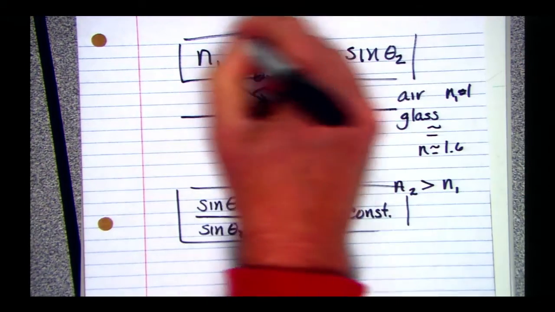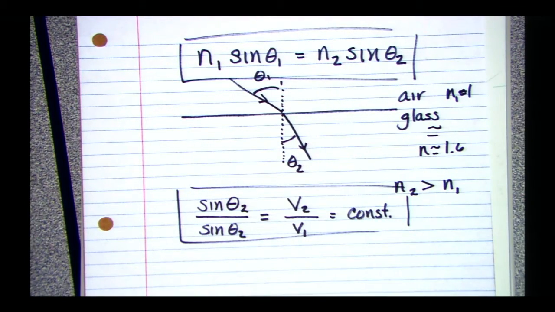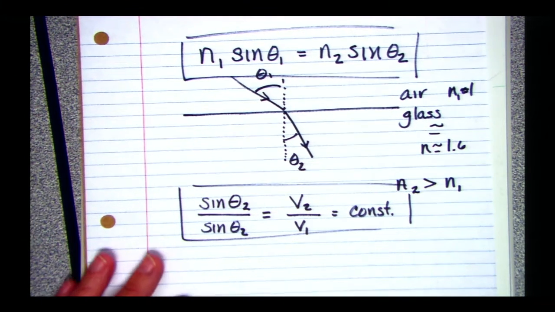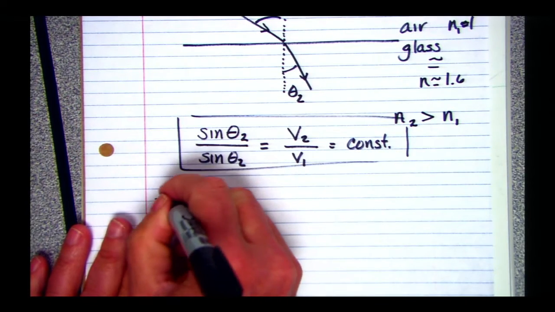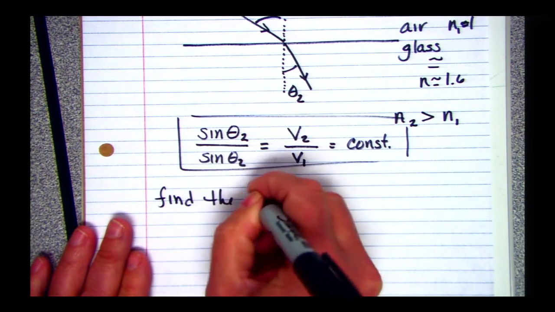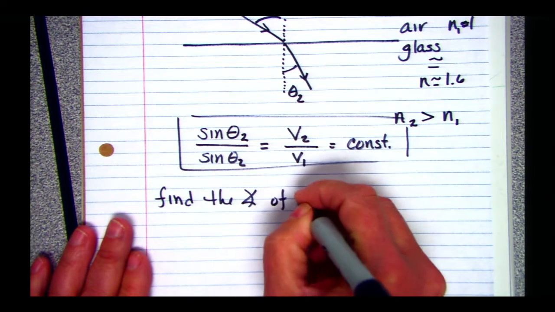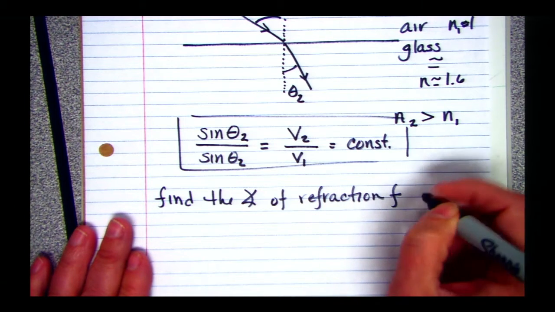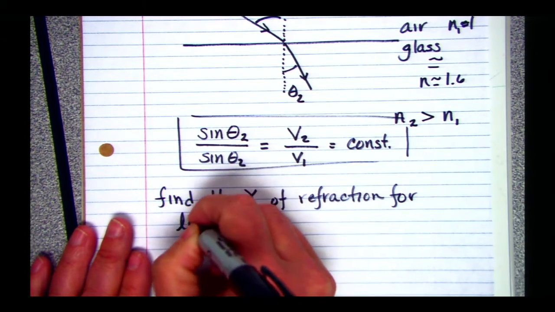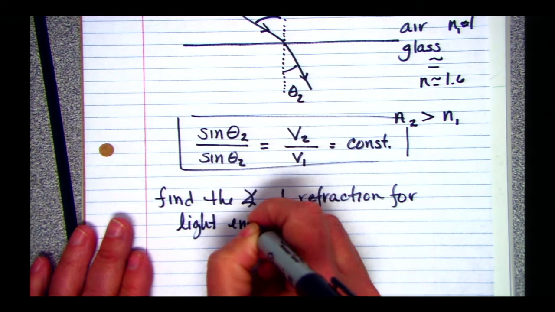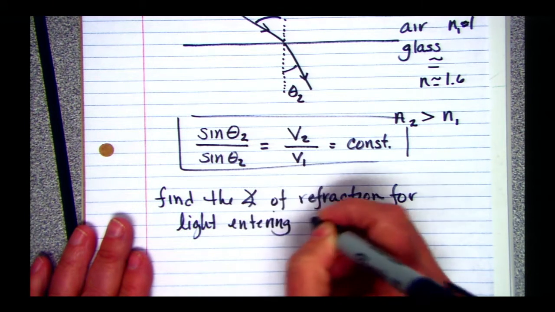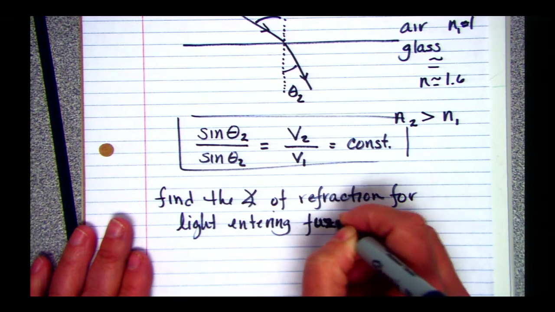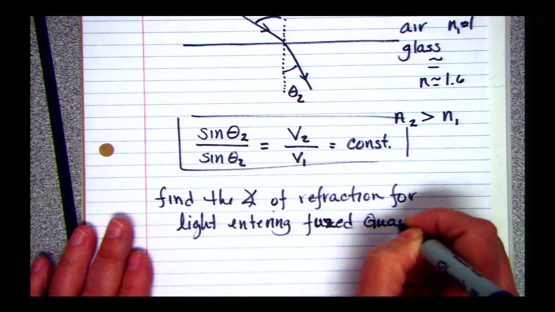So what we want to do is find the angle of refraction for light entering fused quartz from air with an incident angle equaling 30 degrees.